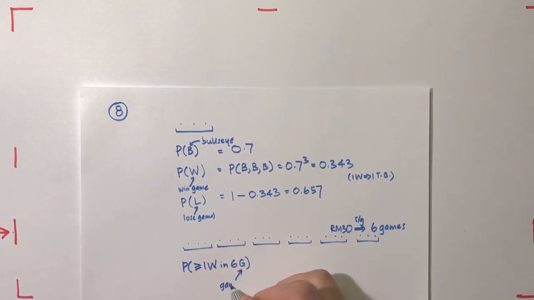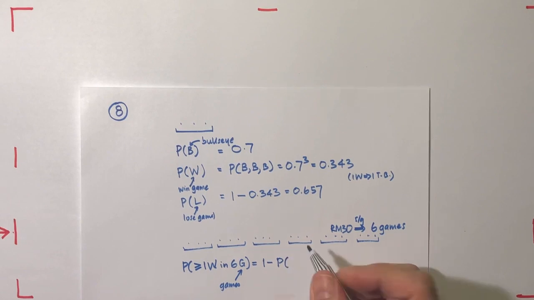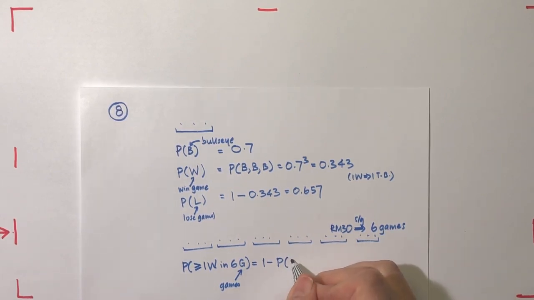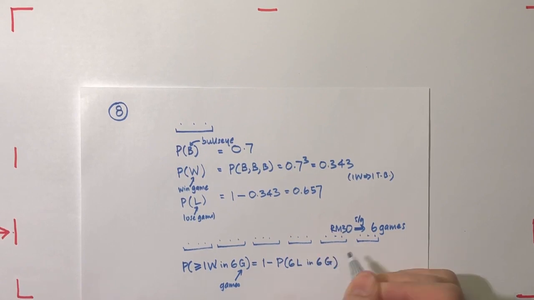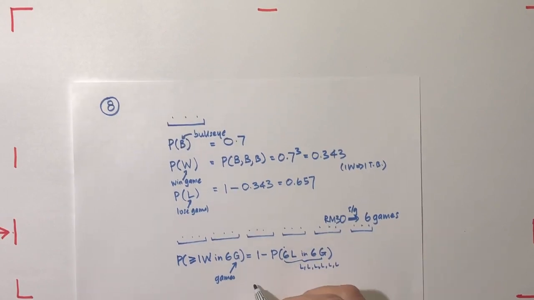So G for games is equal to 1 minus the probability of losing in all games. So which is 6 losses in 6 games. 6 losses in 6 games actually means you lose every one of them. So that's just L 6 times.